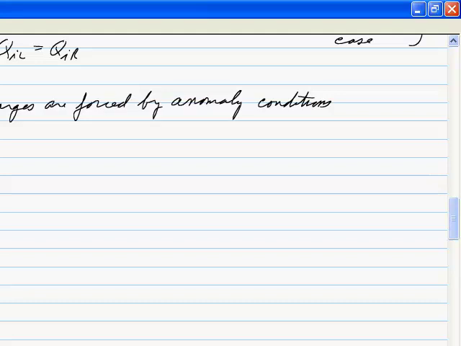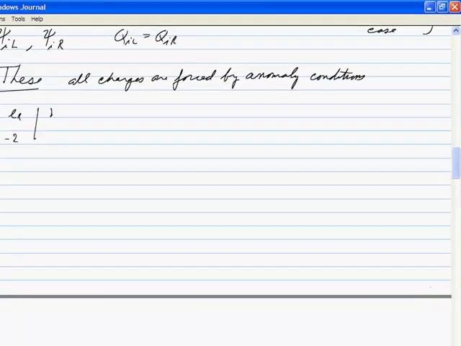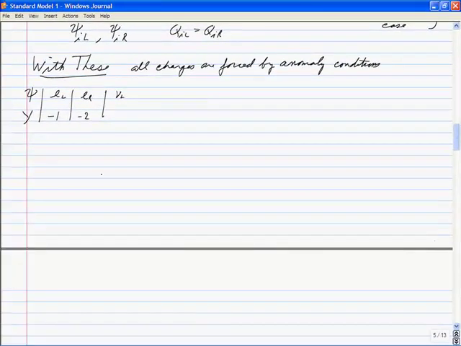So here's the assignments. Here's the particles. Here's the hypercharge assignment. The left-handed electron is hypercharge -1. That was our normalization. The right-handed electron is hypercharge -2. The left-handed neutrino's hypercharge is -1 also.